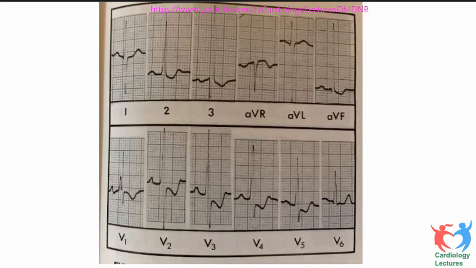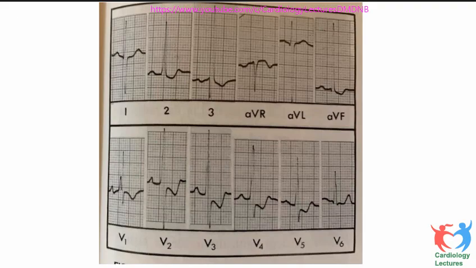So it's around 90 degrees, sir. So 90 degrees is not enough. It is plus 110 to 180. If it is equiphasic in AVF, then it is right axis deviation. You can say the axis is towards the right, but not right axis deviation. Yes, okay.